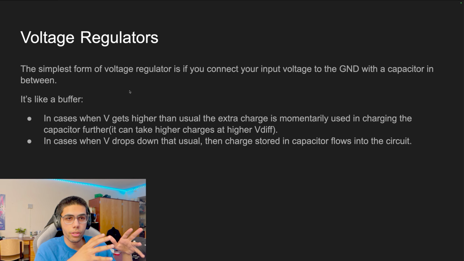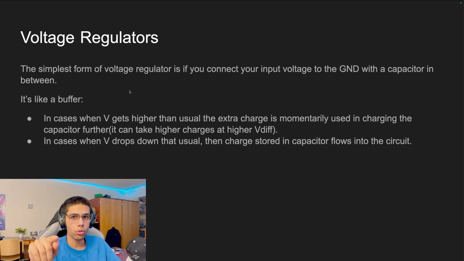So instead of those extra charges going into your circuit and fluctuating the current, they're going to be stored in your capacitor. And when your voltage fluctuates downwards, lower than usual, your capacitor releases the charge stored on itself into the circuit so that the current doesn't fluctuate down.